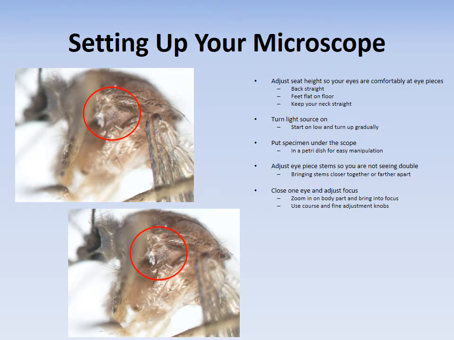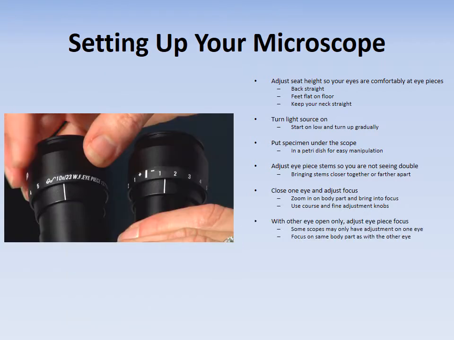So if you have one eye closed, the one eye that's open is looking at that spiracle at the bottom. And then when you switch your eyes, now you see that the eye that's open is out of focus. So then you're going to adjust the eyepiece so that both eyes are seeing the same thing in perfect focus.